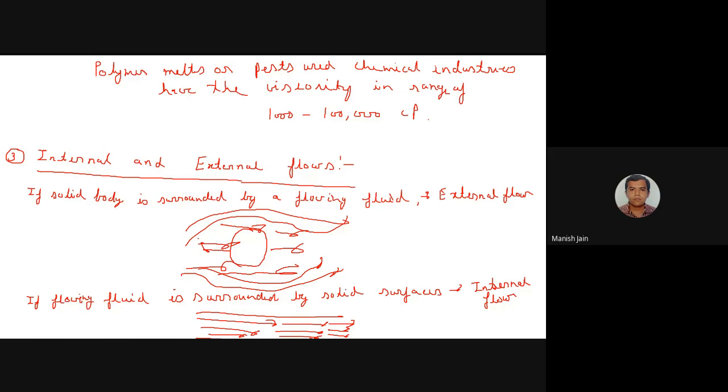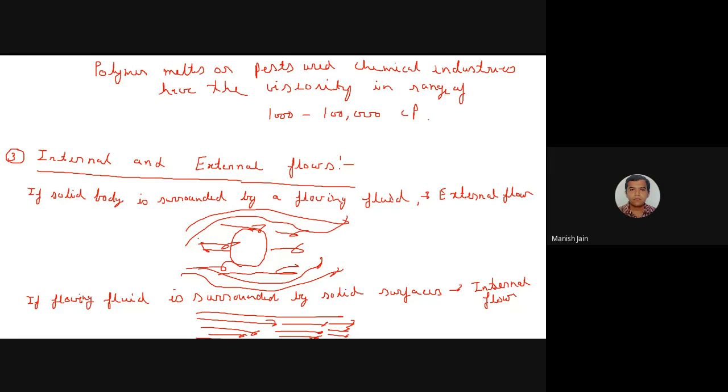Sometimes you are calculating how the force is exerted by the winds, or the very cyclone winds, on a bridge or on a civil structure. At that time, you are calculating how the moving fluid will exert force on a stationary structure like a bridge or a multi-story building.